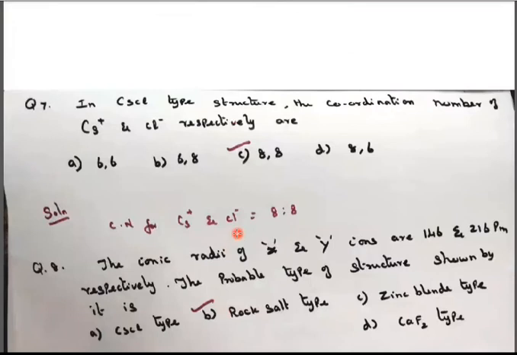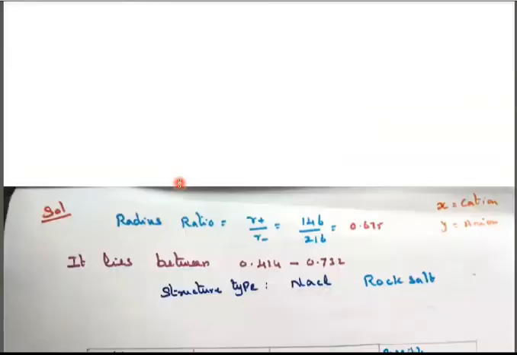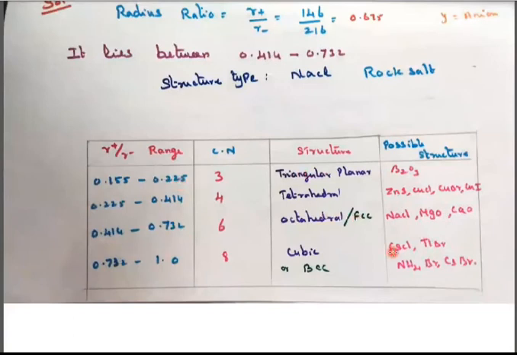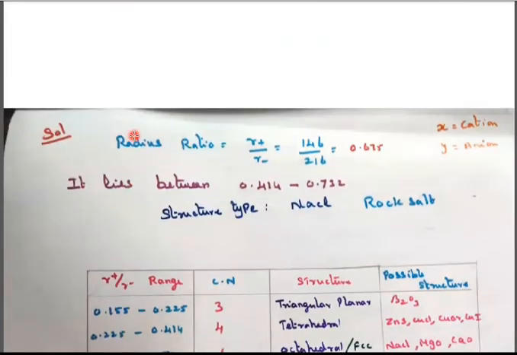So in the 7th question they have given cesium chloride. In the table cesium chloride is the example for a cubic structure, or body-centered cubic. Its coordination number is 8, so 8 is to 8. Now let us see the question of radius ratio, cation by anion.